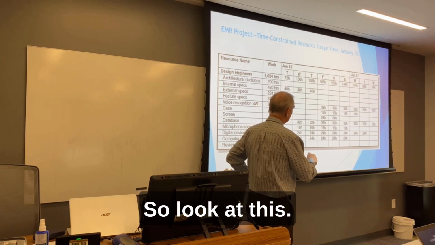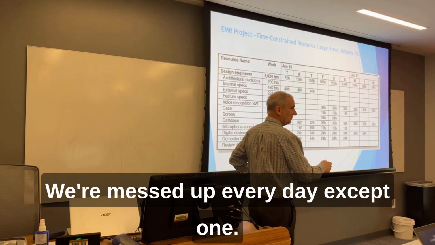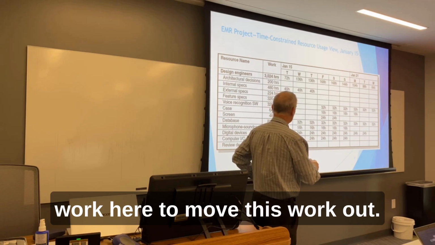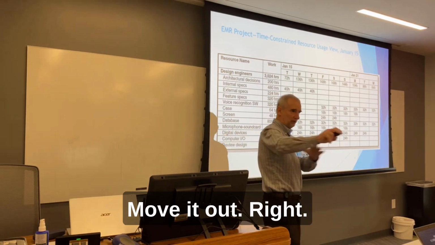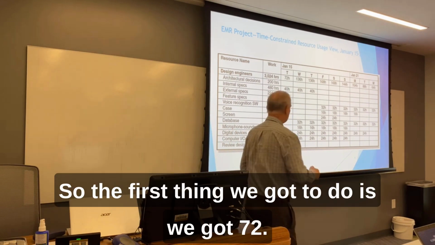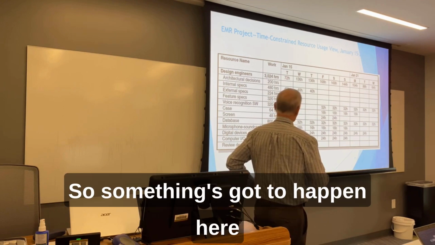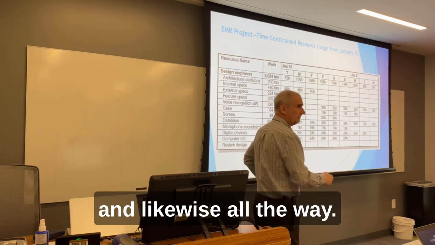So look at this. We're messed up every day except one. One. So we got to do some major work here to move this work out. Move it out, right? So the first thing we got to do is we got 72. This has to be 64. So something's got to happen here, and likewise all the way.